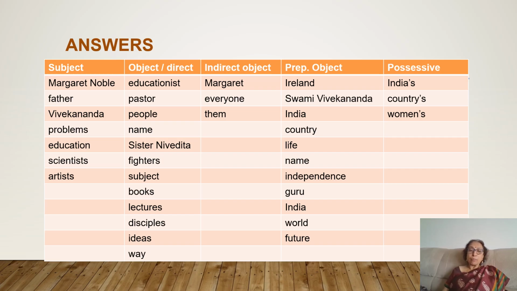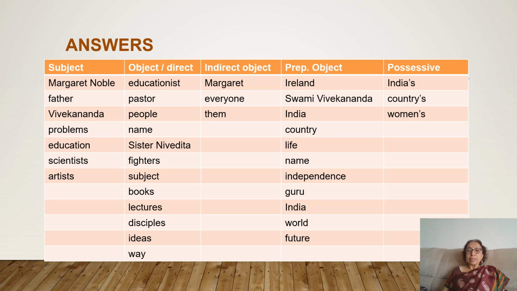India's problems. So problems is the noun here. India's is the possessive form here. Troubled her. She helped freedom fighters. Fighters is the direct object. Helped whom? Fighters. To work for the country's independence.